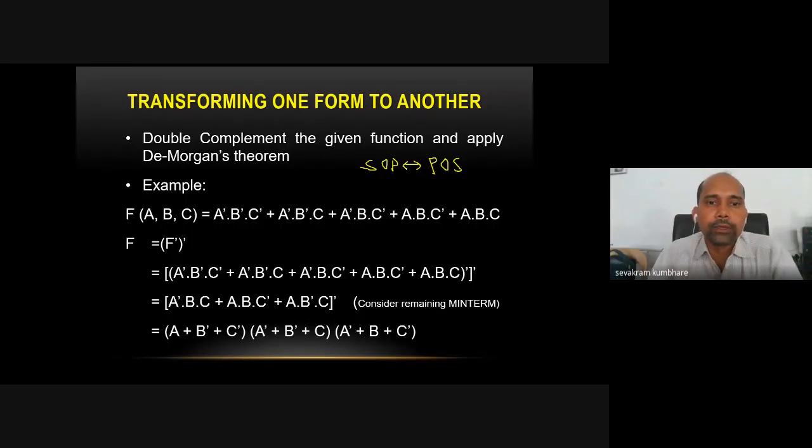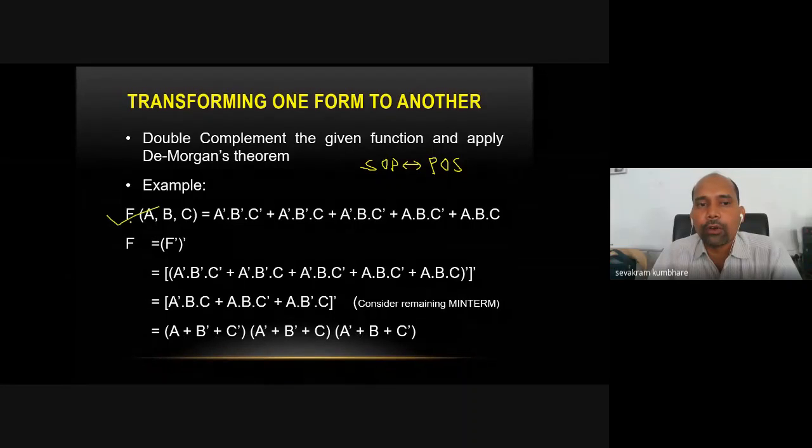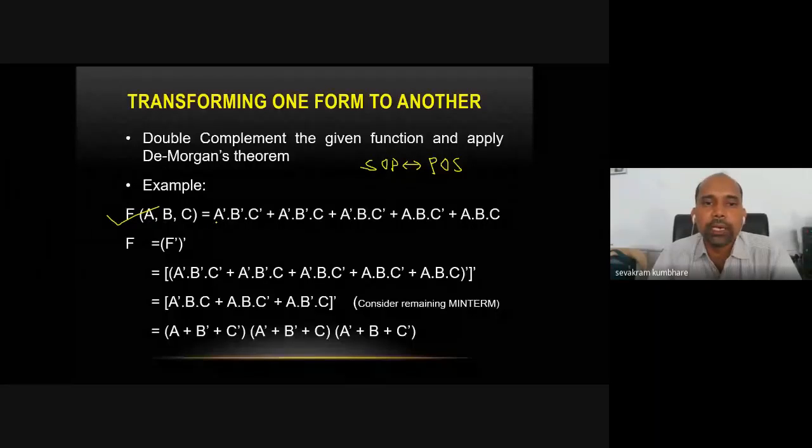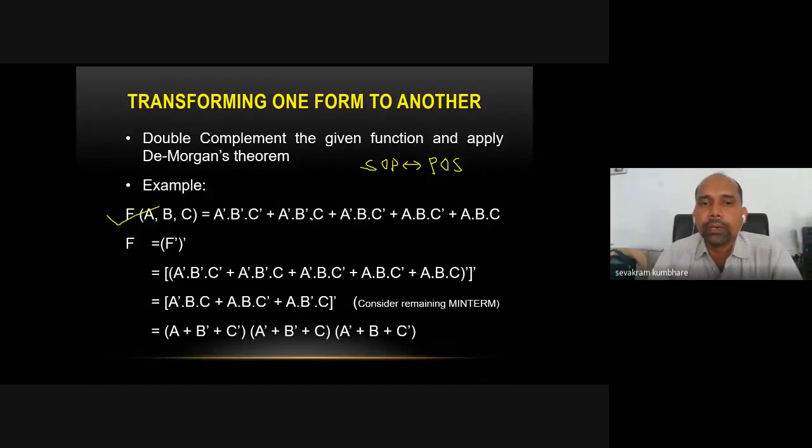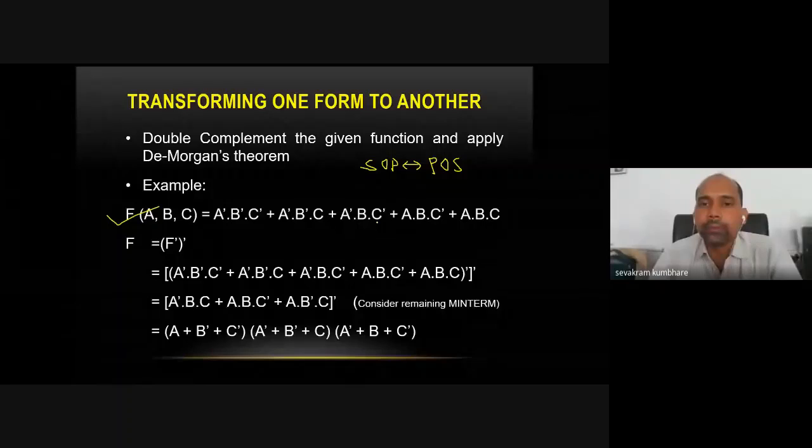So how to do that? Suppose such an equation is given: f of ABC equals A bar plus A bar dot B bar dot C bar plus A bar dot B bar dot C plus A bar dot B dot C bar, and so on.